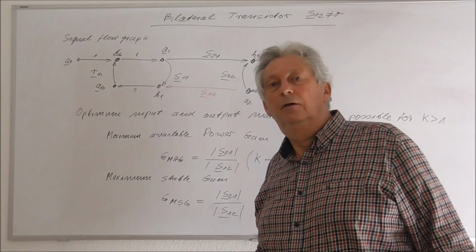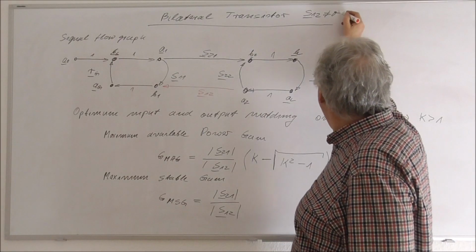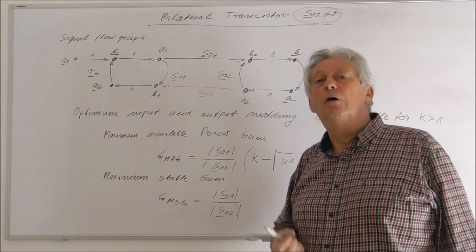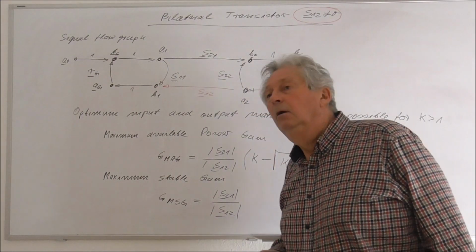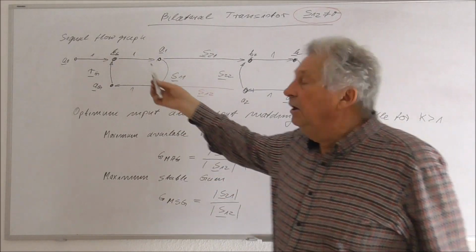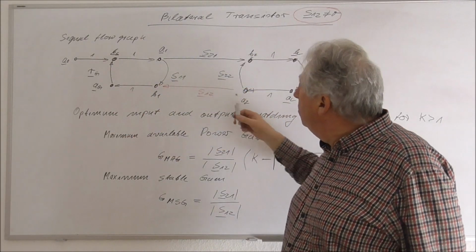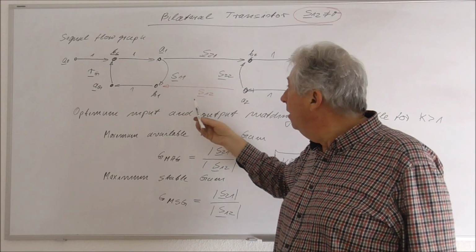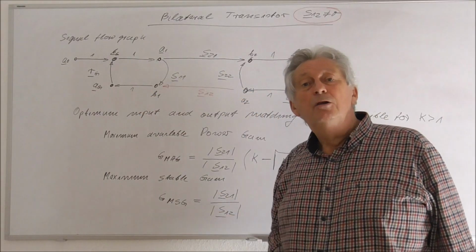I will now consider the case of a so-called bilateral transistor, which means we assume now that S12 will be not equal to zero, and this is normally the practical case. S12 will never be equal to zero. And of course then, if I sketch now the signal flow graph, this signal flow graph will become far more complicated because of the feedback inside our transistor, and instead of having only 2 loops, we now will have 3 loops.